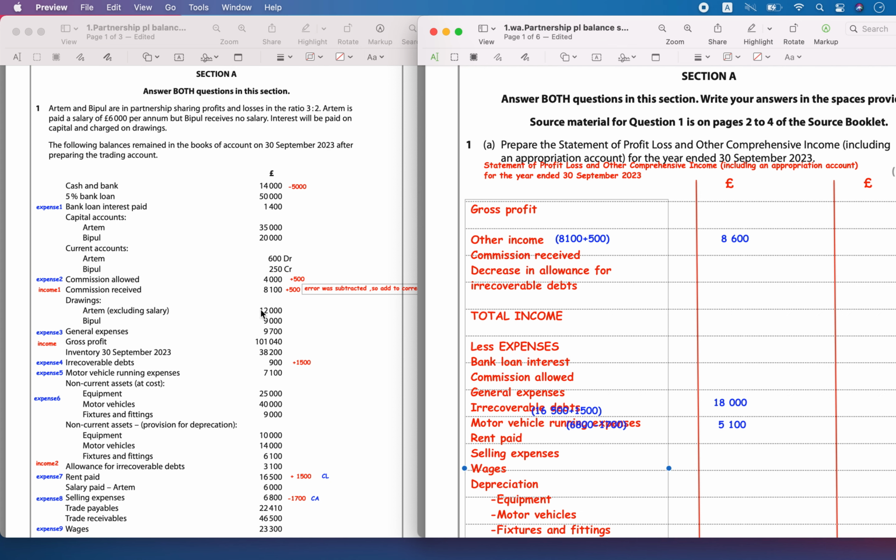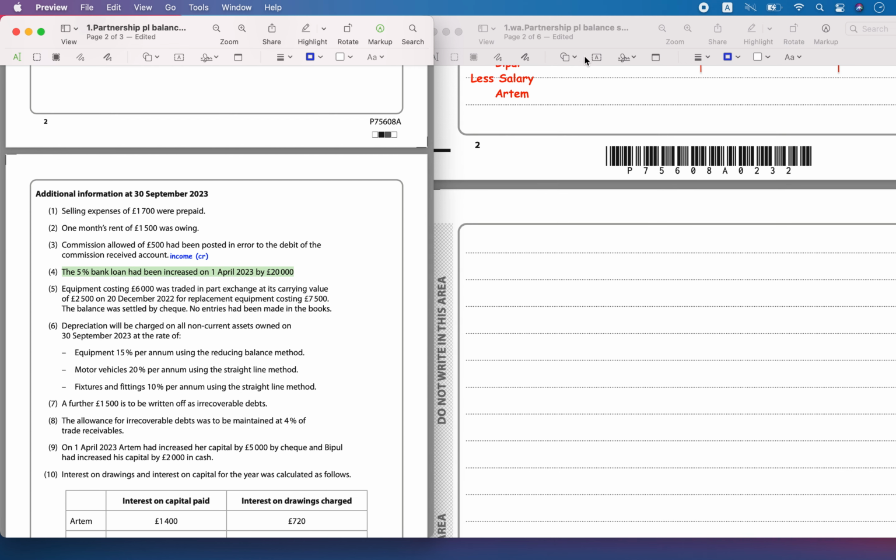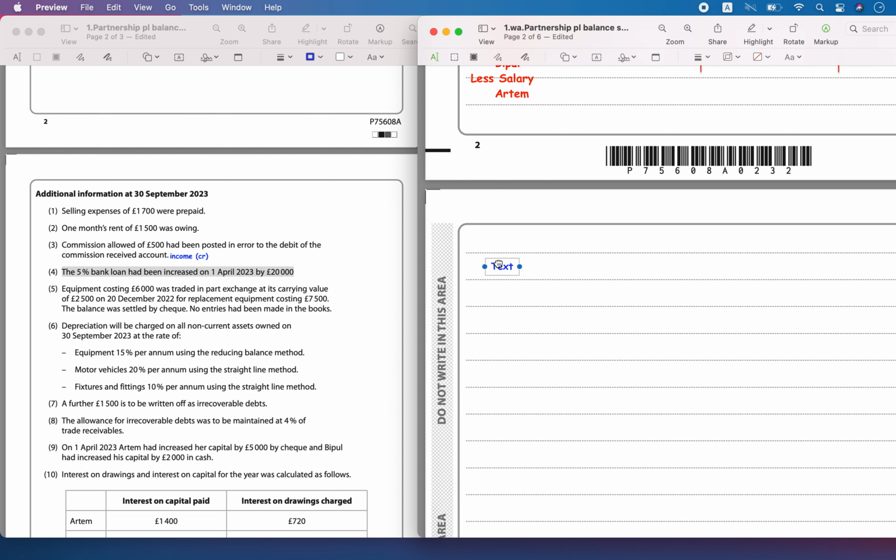Then the next one was the 5% bank loan had been increased on 1st April 2023 by 20,000. Now let's calculate this bank loan adjustment.